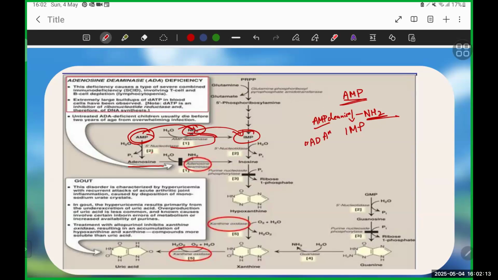For the nucleoside itself too, there is adenosine, there is adenosine deaminase, and there is inosine. Eventually, obviously, IMP is going to form inosine because you're going to remove the phosphate.